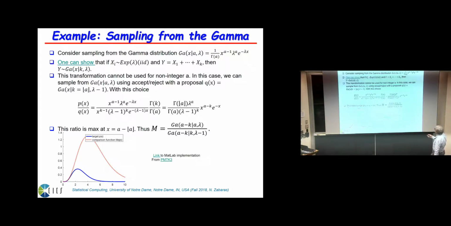I remind you, if you take k samples from the exponential distribution, then the sum of the samples is actually a sample from a gamma distribution where k is an integer. So effectively, you can take samples of the exponential distribution, sum them up, and that immediately gives you samples for this gamma distribution, and then you can use this as a proposal distribution to work on this problem.